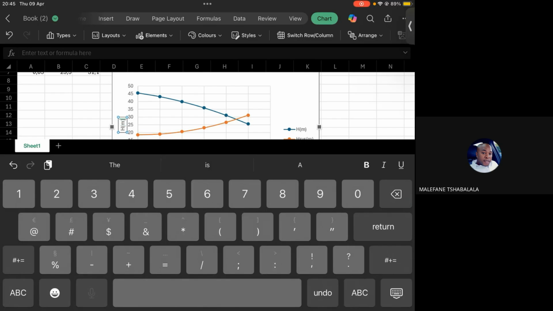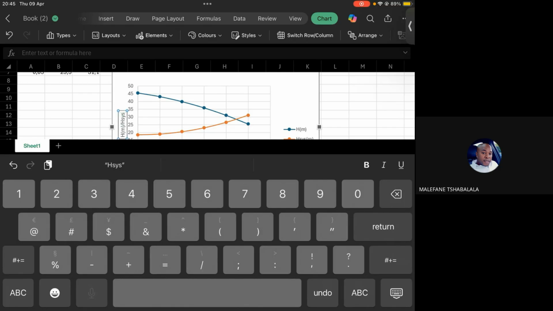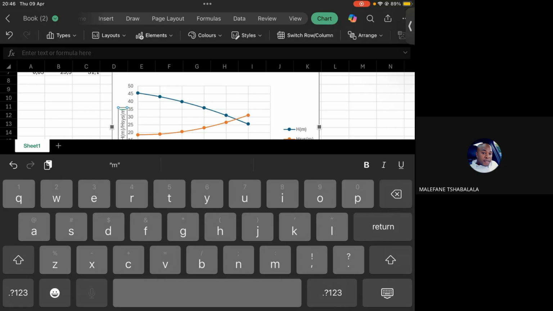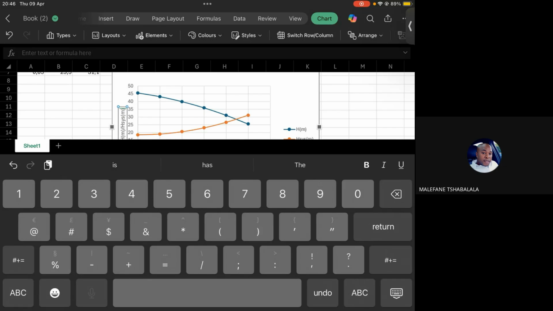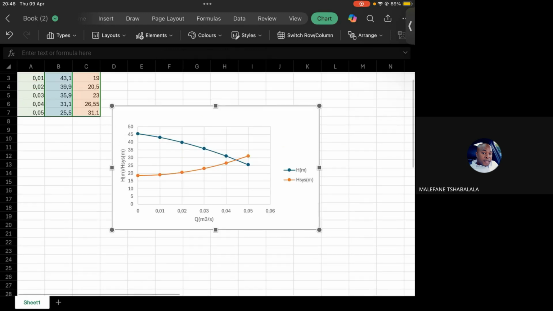Or alternatively, you can have head in meters / H system, because we are also reading the curve of the system along the y-axis.